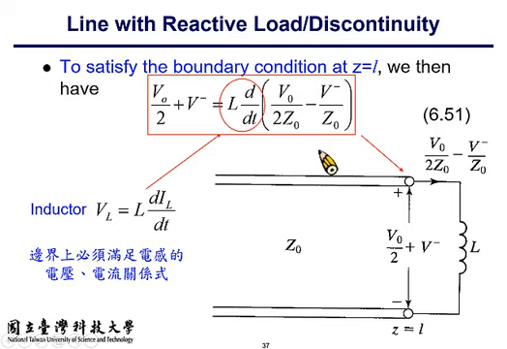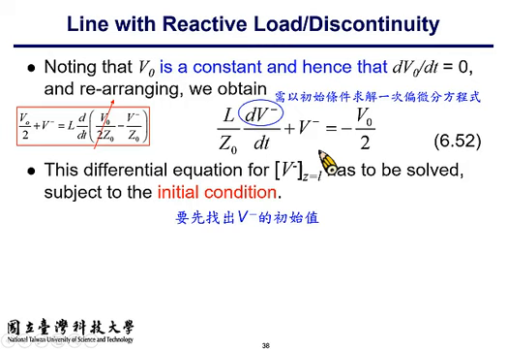Well, what we know is when the V plus signal reaches the right end, it encounters a discontinuity, the inductive termination.